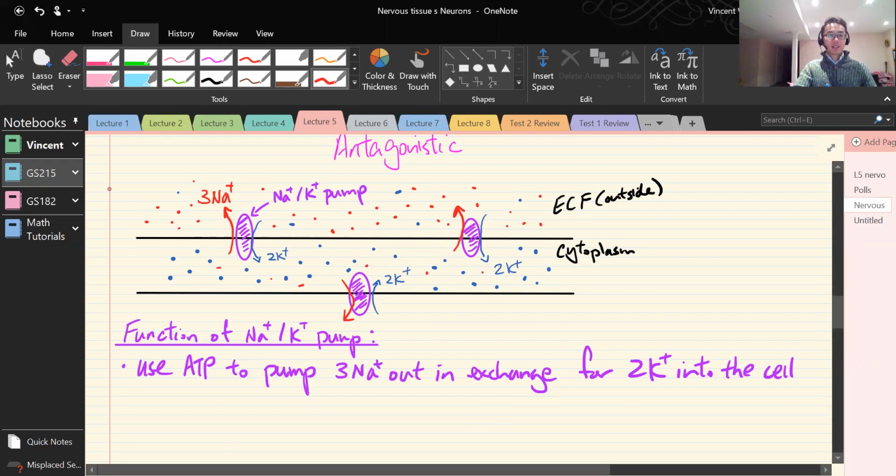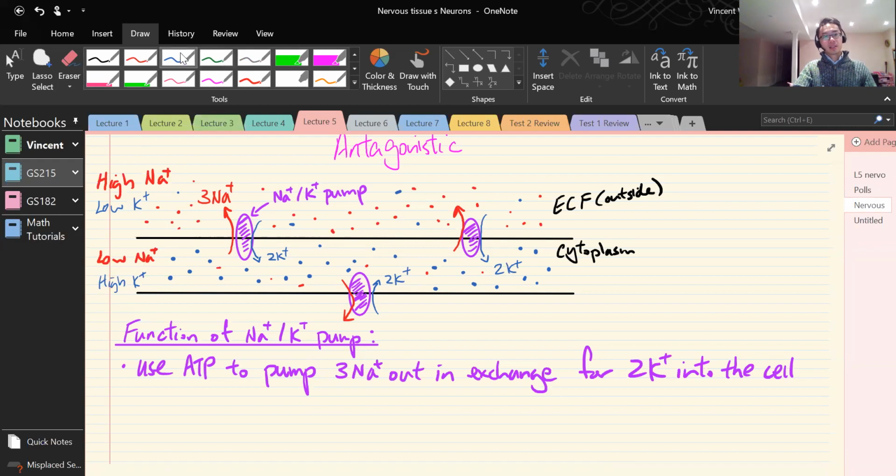For those of you who do not like stamping all around, we'll put it in words. On the outside is high sodium, on the inside is low sodium. And for potassium, it is the other way around: low potassium on the outside, high potassium on the inside. Any question? Hope it makes sense.